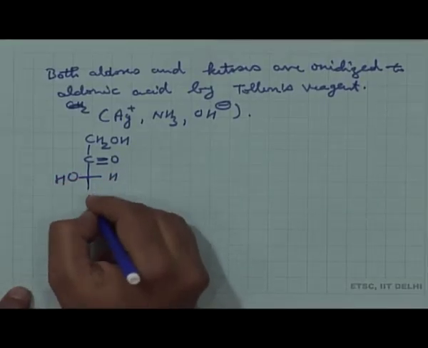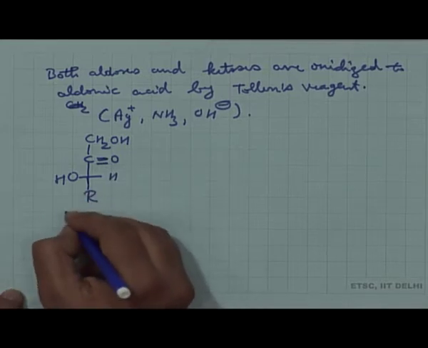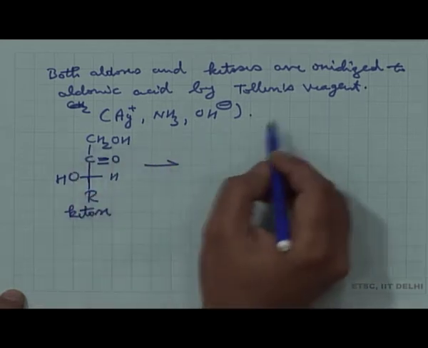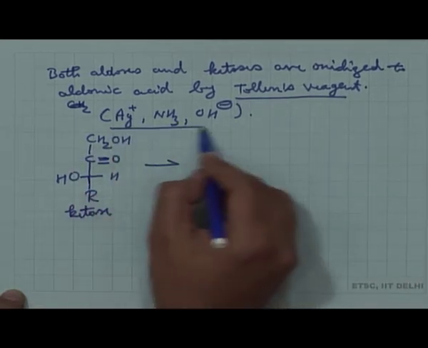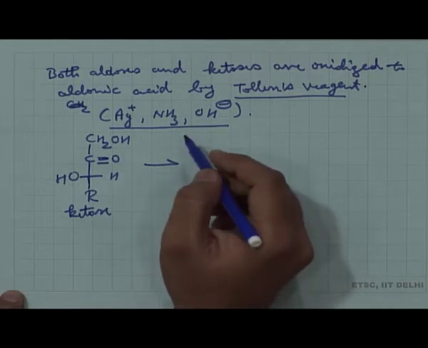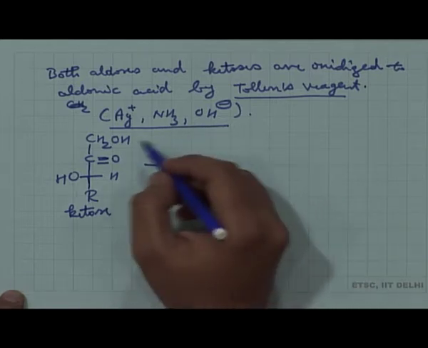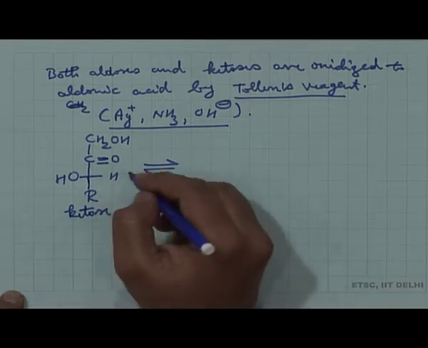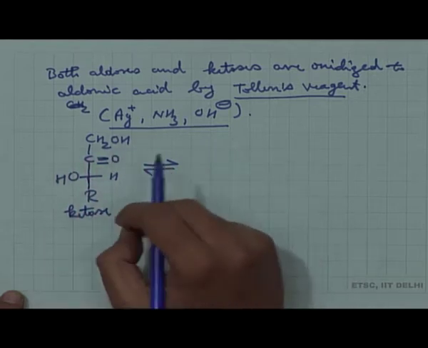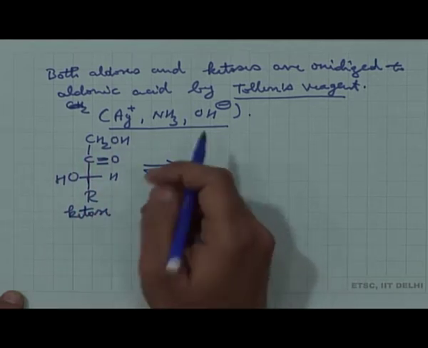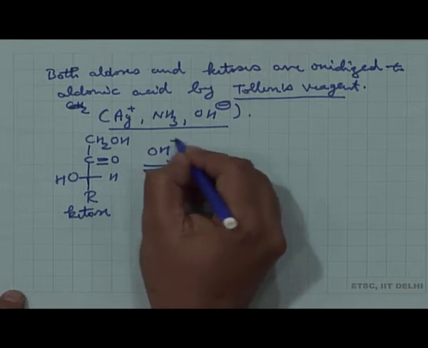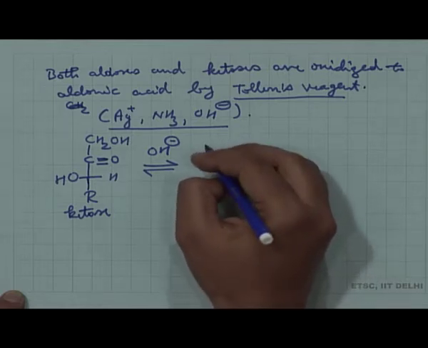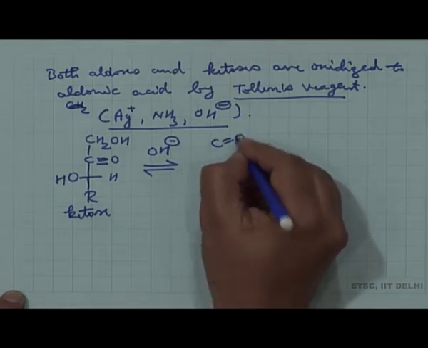I am writing here a representative structure for the ketoses. Ketose under basic conditions, since the Tollens reagent has ammoniacal silver nitrate, basically it has base also and Ag plus is there. So, under basic condition, as we discussed, it can go for enediol rearrangement, and because of the enediol rearrangement ketose can get converted to aldose.